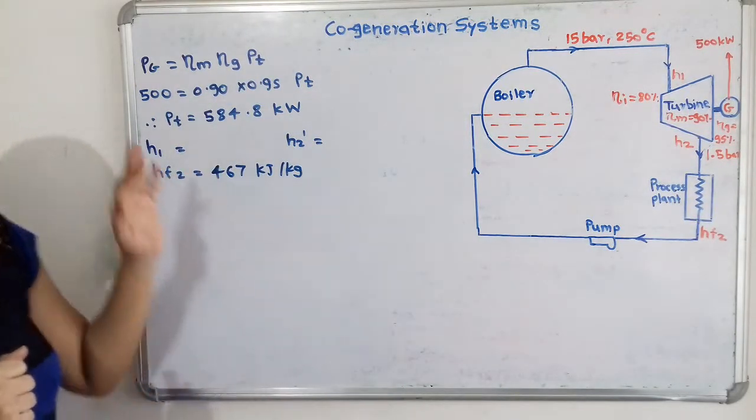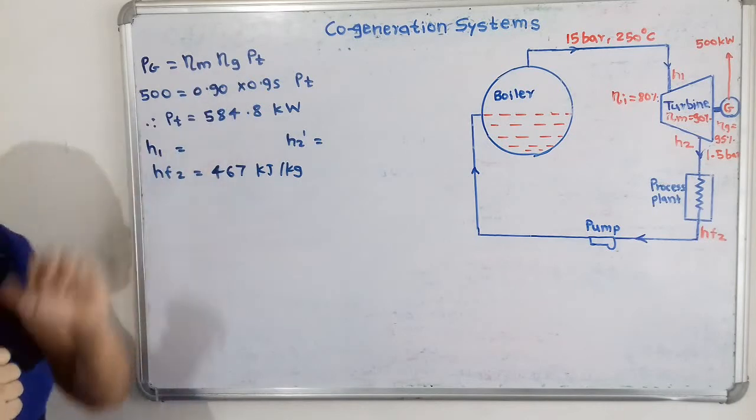So we will use Pg is equal to eta m eta g into Pt.